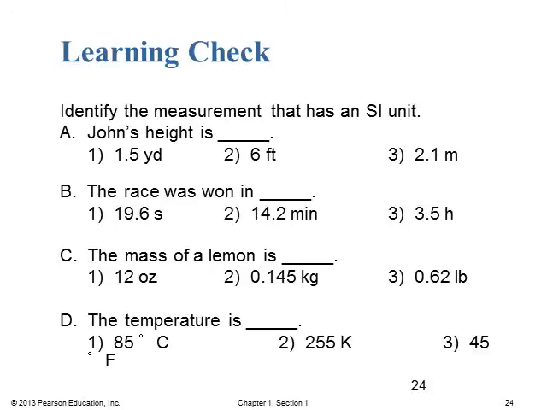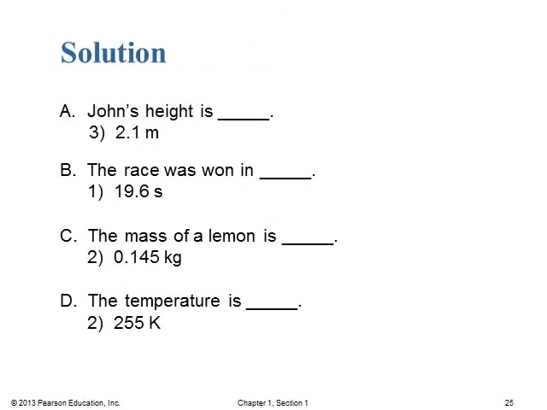Here it's asking for the SI unit, and if you recall, the SI unit for temperature was Kelvin, and in the metric system it was degrees Celsius. So here it's going to be choice 2 since it's looking for SI units. All right, and there you see these solutions.